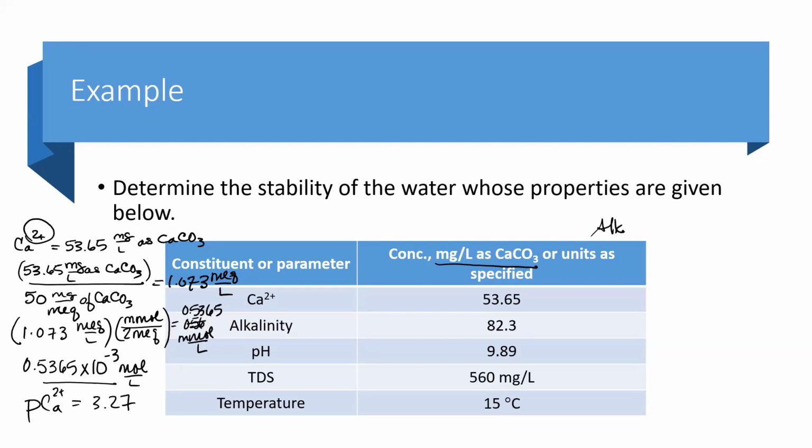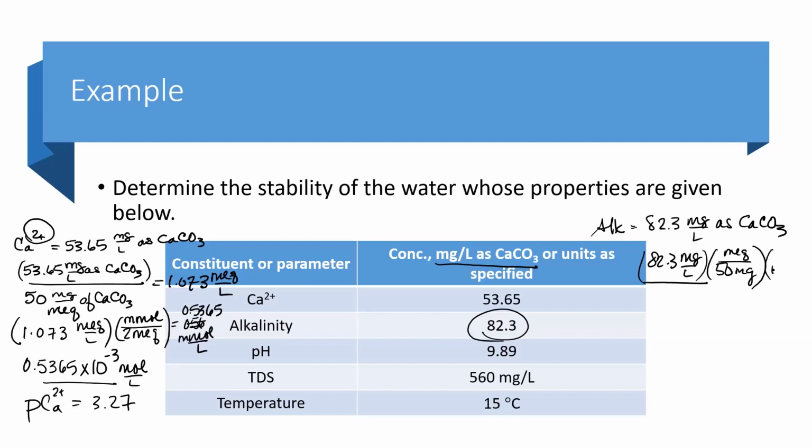The alkalinity is given here as 82.3 milligrams per liter as calcium carbonate. We need this in equivalents per liter. So if we take 82.3 milligrams per liter, divide that by 50 milligrams per milliequivalent, and then multiply by 1/1000 equivalents per milliequivalent.